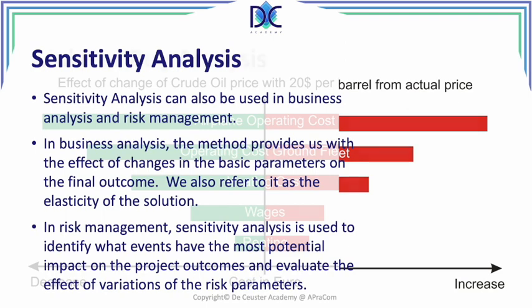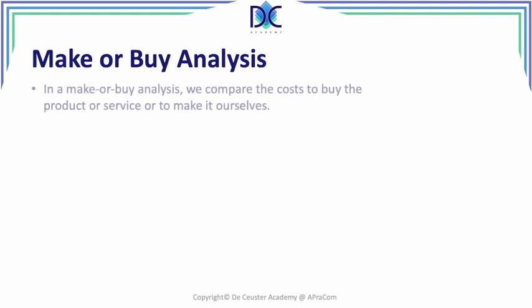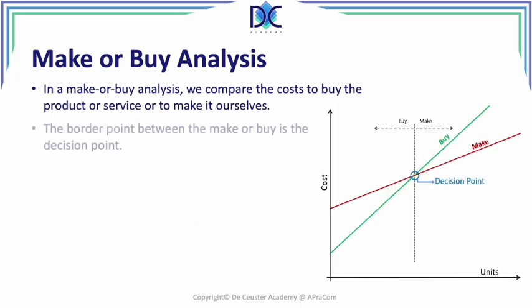Another element we can look at in decision making is a make or buy analysis. Here we look at the different costs to buy or to make a product or service ourselves. We see here the buy cost, the make cost, and we find the decision point. The decision point is in fact the point where, when we are at the left, we will buy the service or the product, and at the right we will make it.